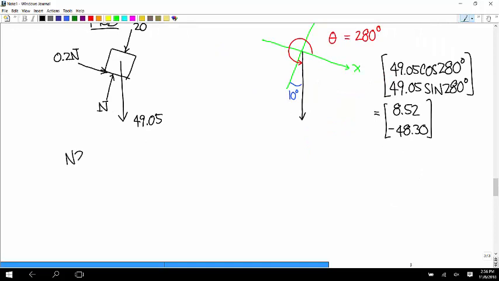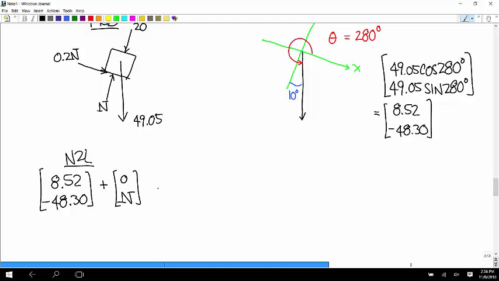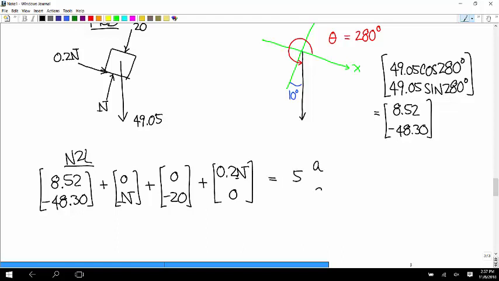Okay, so now Newton's second law. We have the weight force, plus the normal force, plus the 20 Newton force, plus the friction force, is equal to the mass times the acceleration.